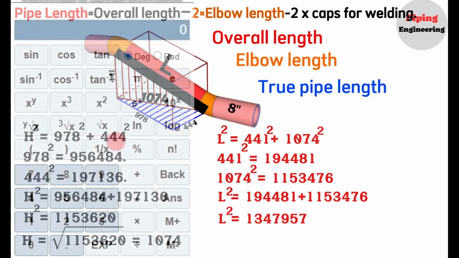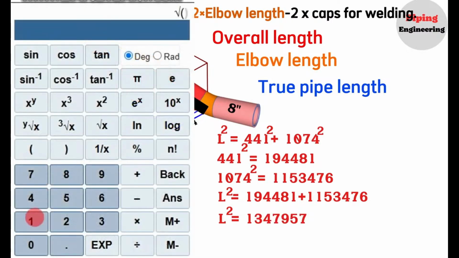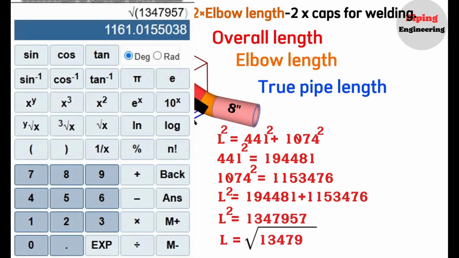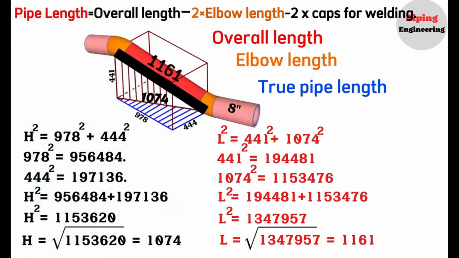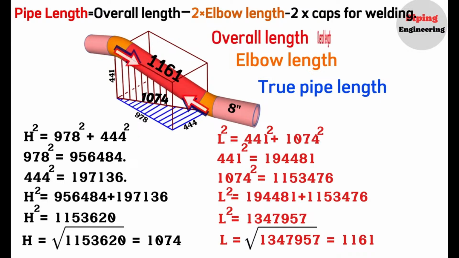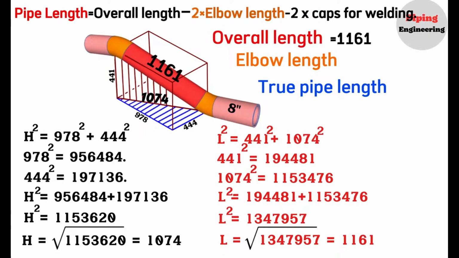Again, using a calculator, L will equal the square root of 1,347,957, which is approximately 1161. The hypotenuse of the vertical right triangle also serves as the overall length, or the center-to-center distance between the two elbows. So, after our calculation, we found that the overall length or the center-to-center distance between the two elbows is 1161 mm.